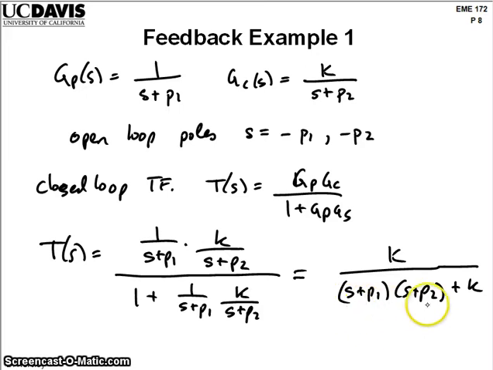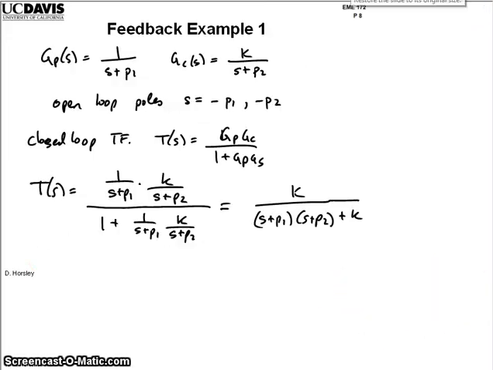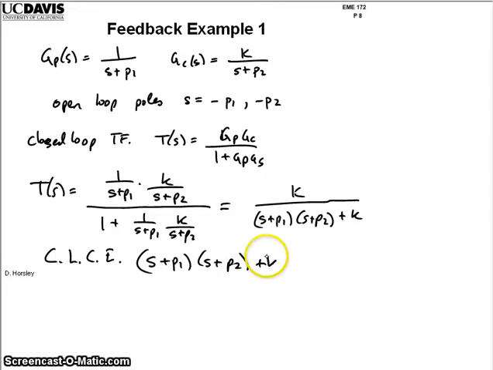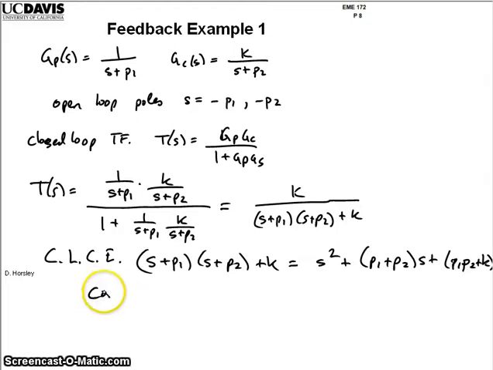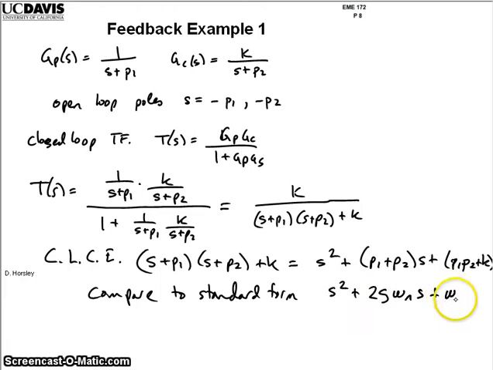Now I can see that this is the closed loop characteristic equation: S plus P1 times S plus P2 plus K. Multiplying it out, I get S squared plus P1 plus P2 times S plus P1 P2 plus K. I can compare that to the standard form, S squared plus 2 zeta omega n S plus omega n squared.